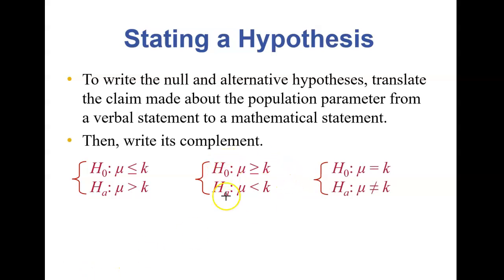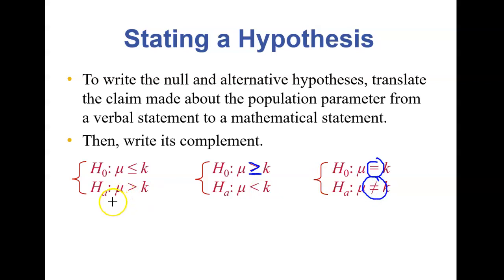Null, H naught, HA. What is the symbol here? Greater than or equal to. Do you see that? And the alternative is simply less than. They're opposites. So the opposite of equal to is not equal to.